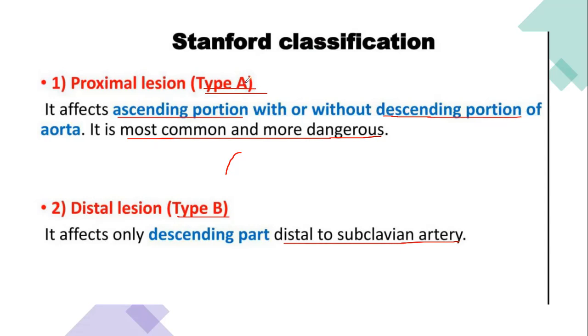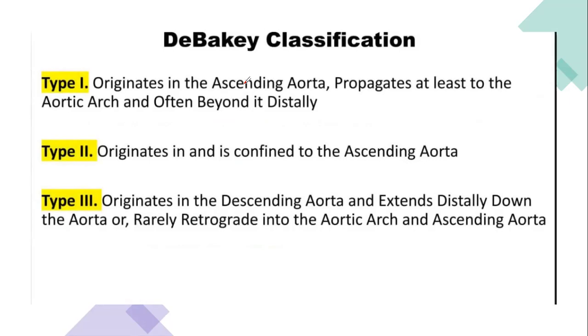Now let's see how DeBakey classified them. It is classified into three types: type 1, 2, and 3. Type 1 originates in the ascending aorta, then it propagates at least to the aortic arch and often beyond it distally. So the intimal tear will be in the ascending aorta, then the dissection will propagate through the aortic arch and distal to it.